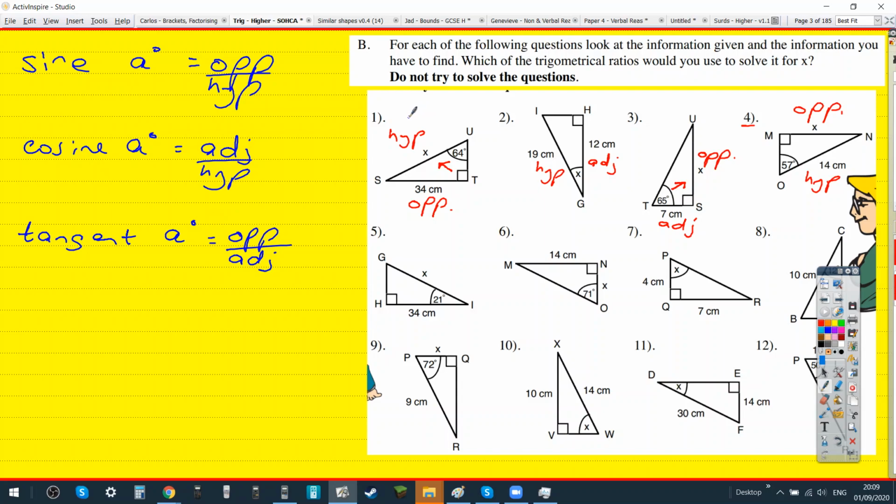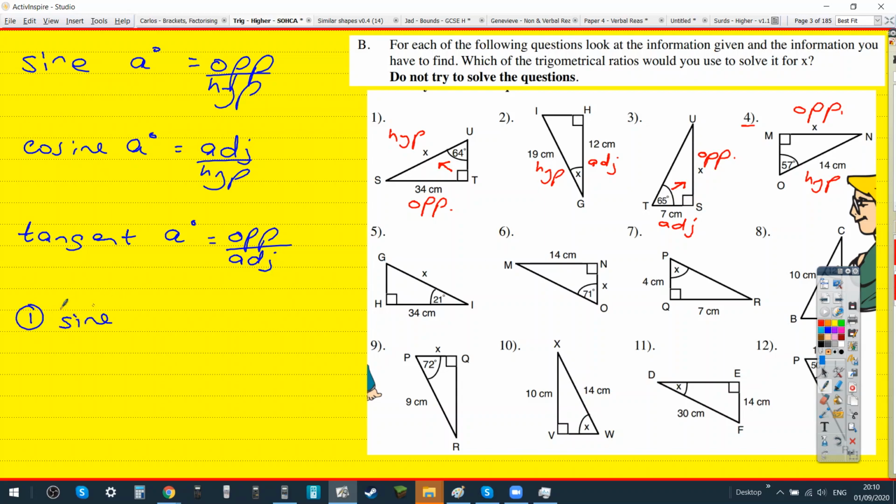So question 1, would that be sine, cosine, or tangent of the angle? Is that cosine? Cosine is for adjacent and hypotenuse. We have opposite and hypotenuse. So which of the 3 uses opposite and hypotenuse? Sine.